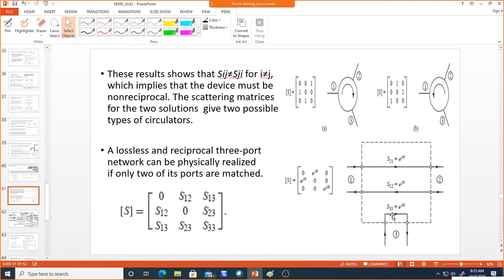That means the third port is completely decoupled from port 1 and port 2. We can represent it in terms of the phase e power j theta, which is S21 and S12, e power j theta, and a different phase will be there for the third port. So this is the 3-port network, that is the T junction.